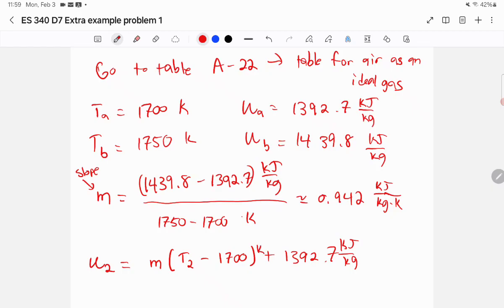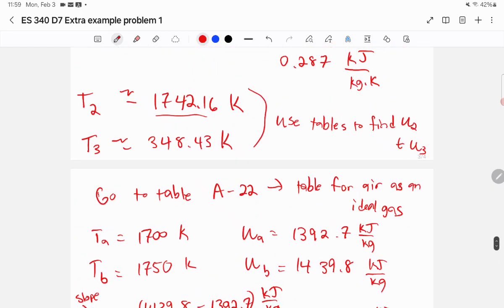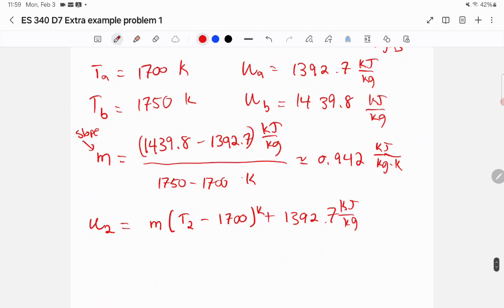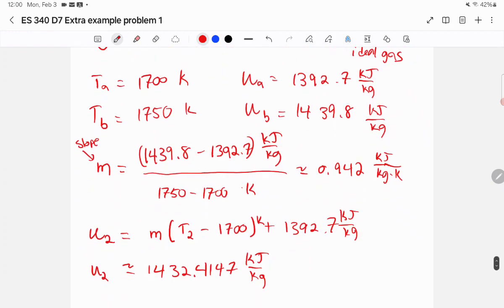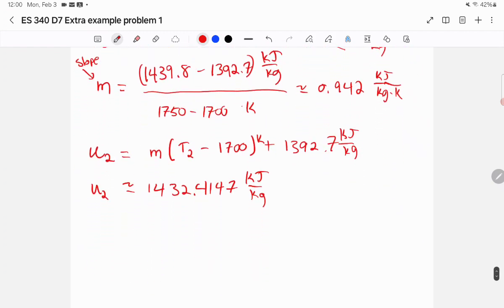This is going to be in Kelvin, of course. And T2 was 1742.16, so I'll let you substitute that in. But what I get is that U2 is approximately equal to 1,432.4147 kilojoules per kilogram. And that makes sense because this was almost 1750, right? So this should be almost 1439.8. Makes sense.